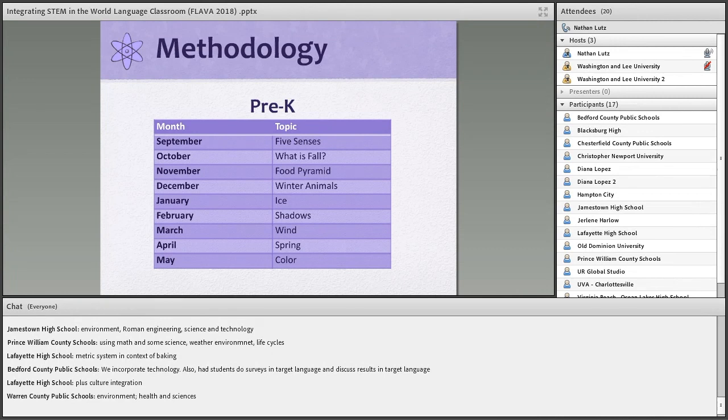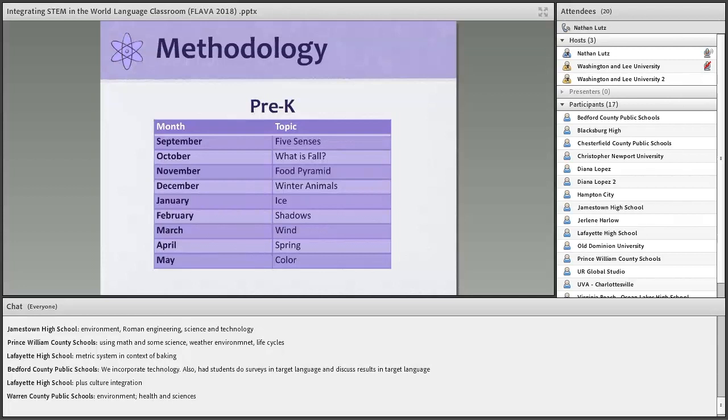So that was a fourth grade thing that we were looking at. Now, this is a list of the pre-K topics that we do in our school. When we started the STEM integrated language program at our school, we started at the very youngest levels and pushed it up, just so that we could keep it simple on our end.